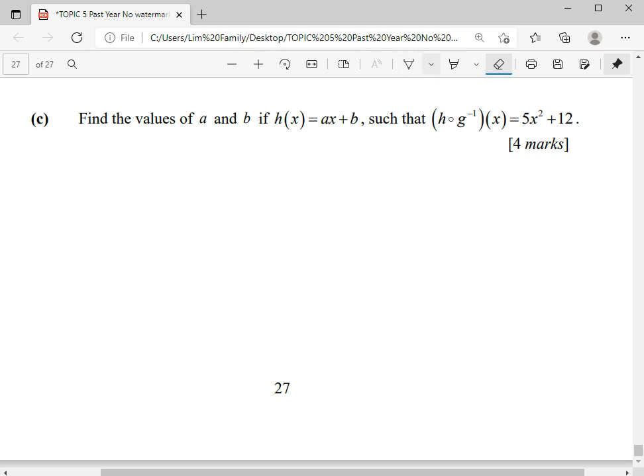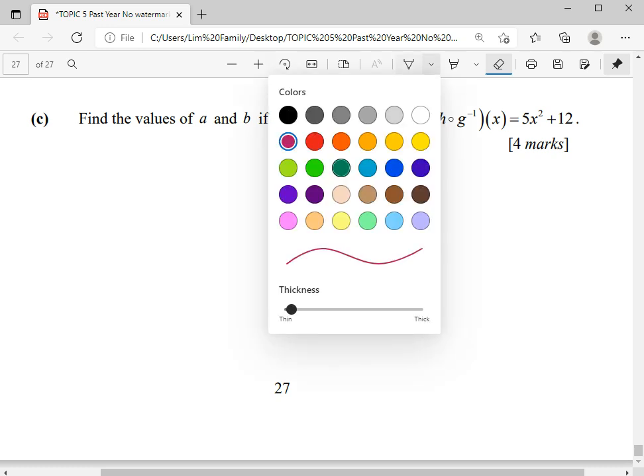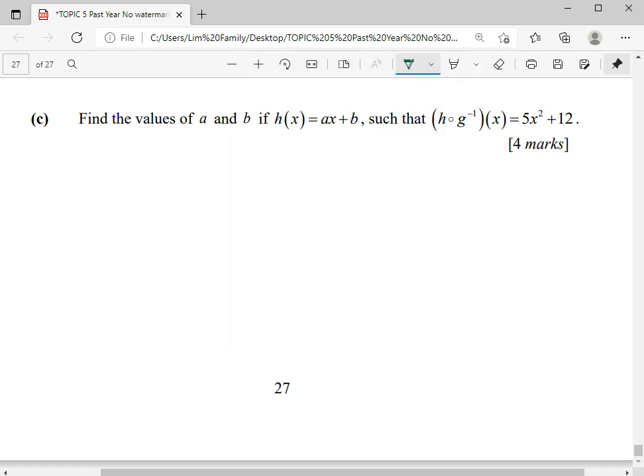Okay, so for question C, what they ask us to do here is find the value of a and b, if function hx is ax plus b such that h composite with G inverse will equal 5x squared plus 12. So we start with the composite function that they give us.